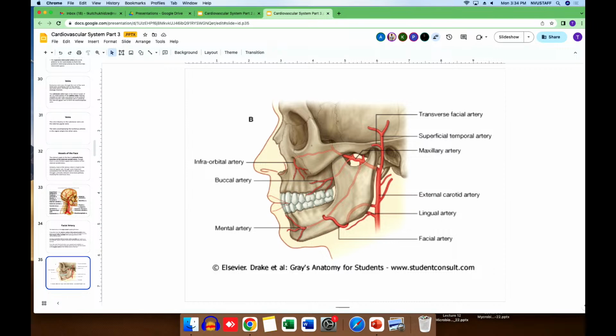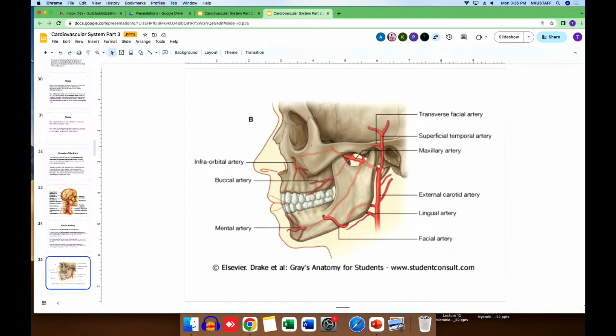The facial artery along its path goes deep to the platysma, risorius, and zygomaticus major and minor, also to the buccinator and levator anguli oris. It is passing deeply, and also it passes superiorly to the levator labii superioris, right? These are just muscles, no one will ask you, at least I won't be asking you on the quiz, the muscles, but you should just know the exact locations, right?